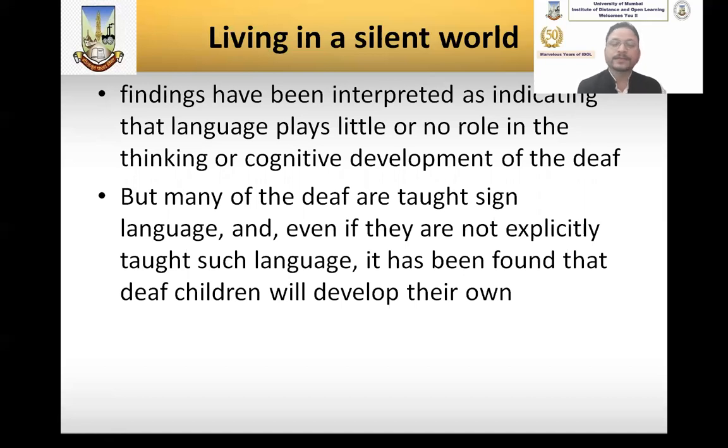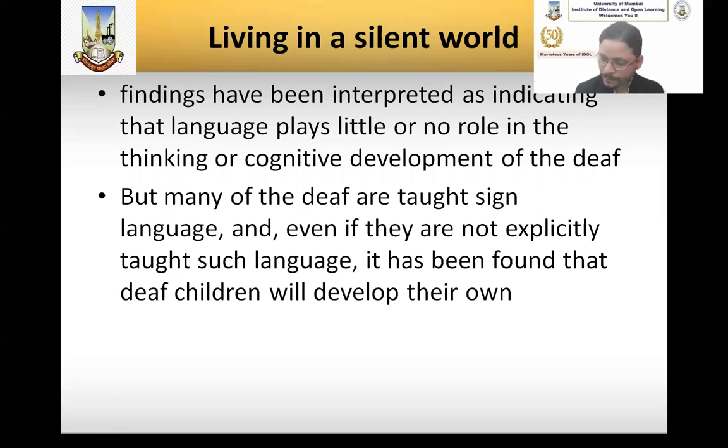So there are people who cannot hear, cannot speak. For them, this particular topic is there, living in a silent world. Findings have been interpreted as indicating that language plays little or no role in the thinking or cognitive development of the deaf. People who cannot hear or speak also think, right?